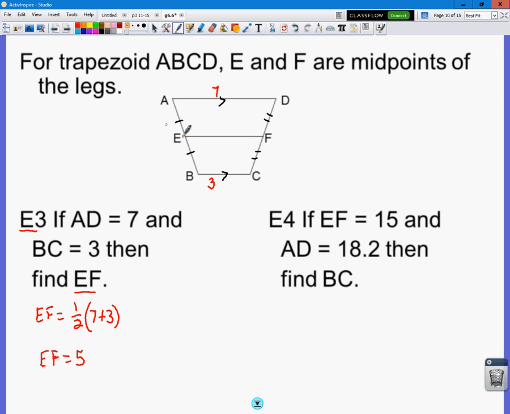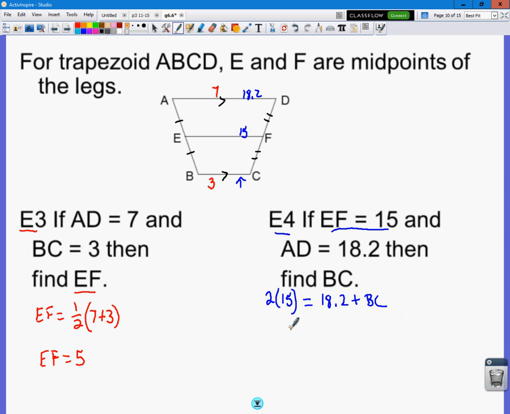If they give you the numeric value for the mid-segment like they do in example 4, they told me this was 15. They told me AD was 18.2, and they were looking for this value, BC. It is actually easier to take 2 times the mid-segment. It's going to take 2 mid-segments to be equal to the sum of the two bases, 18.2 and BC.